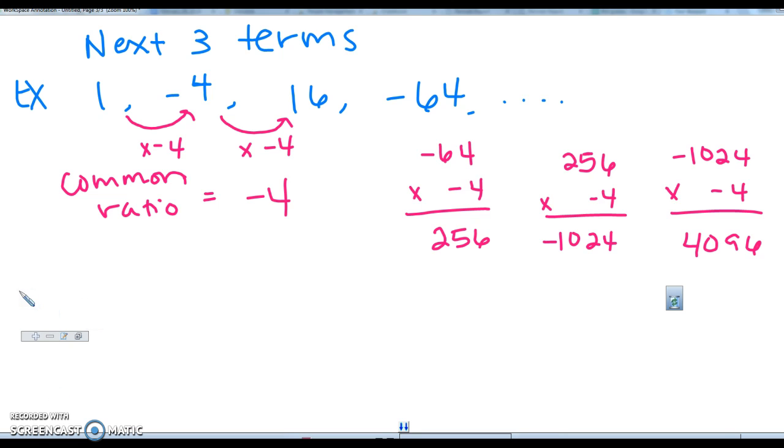So try this one, finding the next 3 terms on your own. We'll start with 9, 3, 1, and 1/3. We should have found the common ratio is 1/3.